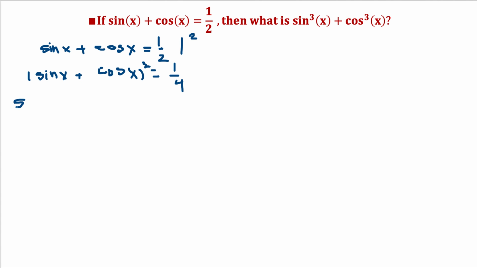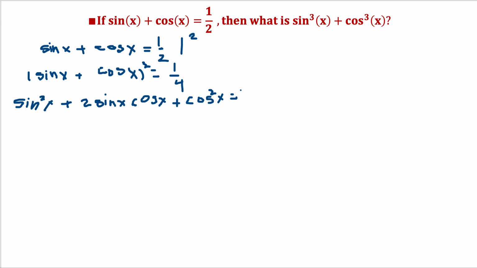So this we can write as sine square x plus 2 sine x cosine x plus cosine square x, and everything is equal to 1 over 4.